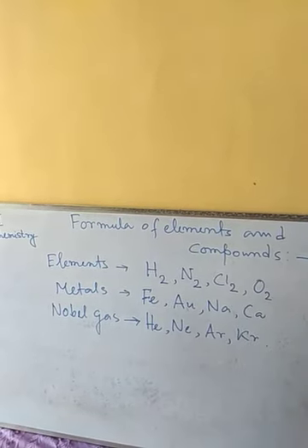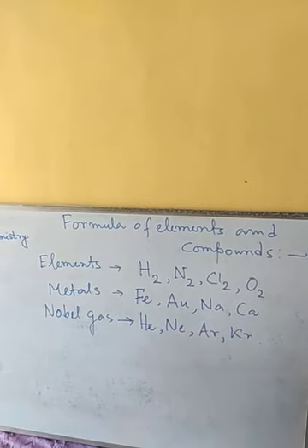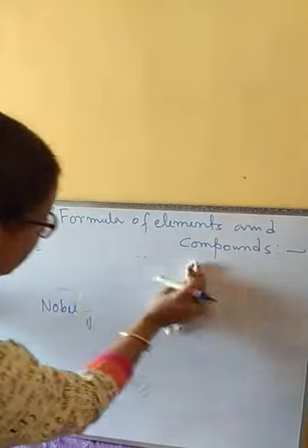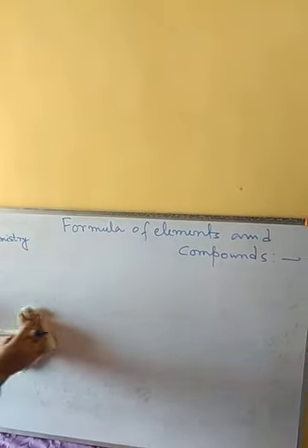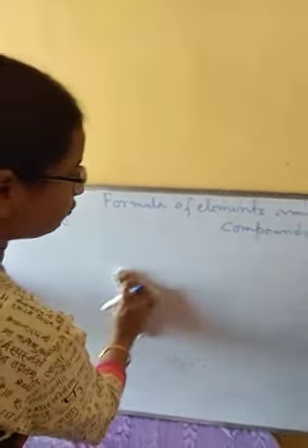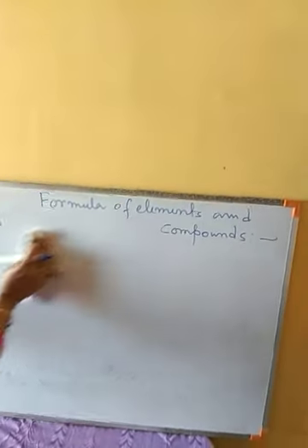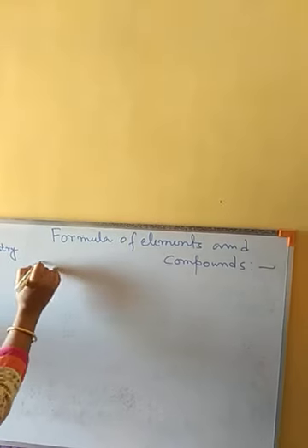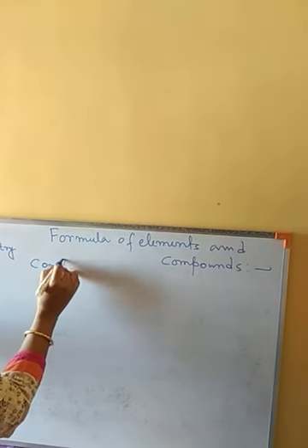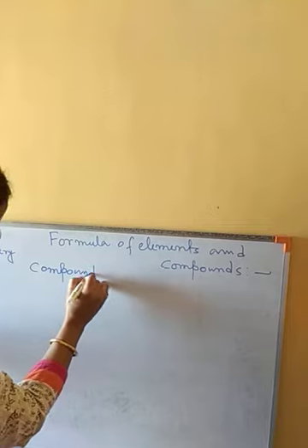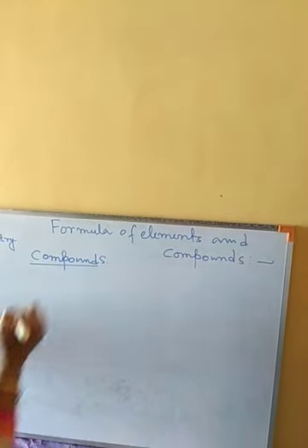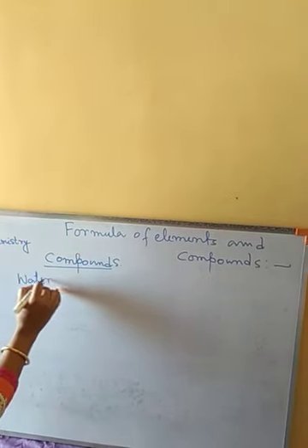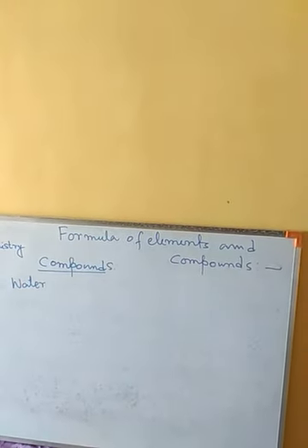Now what about the compounds? To construct the formula of a compound, we must know the combining power of each element. In a compound there are two or more substances. Like water, this is the simplest compound we can say.